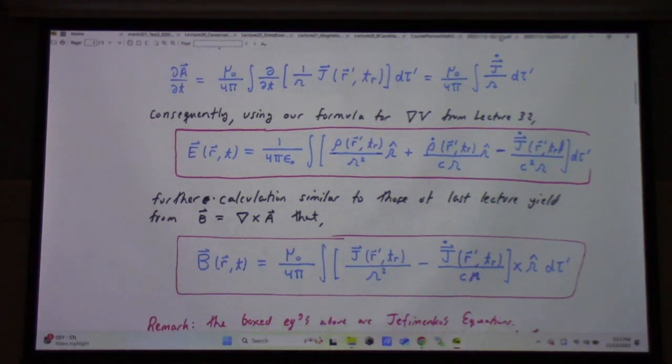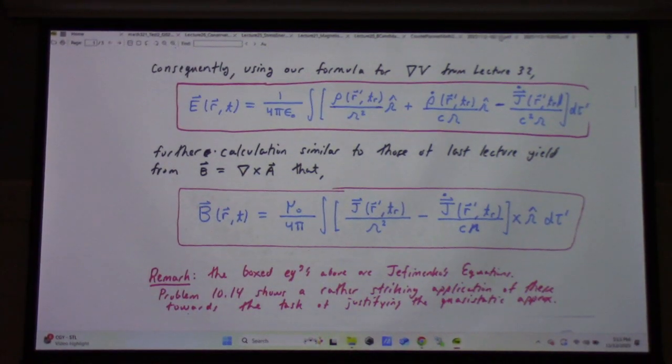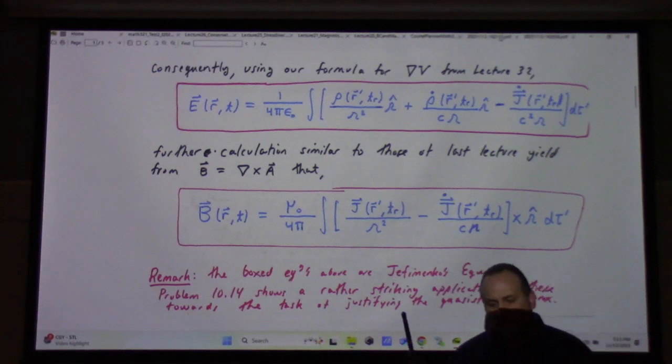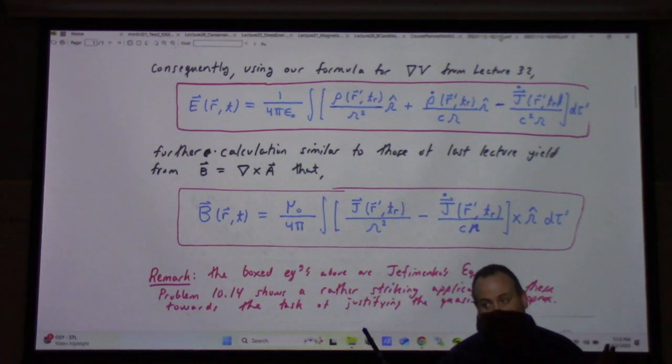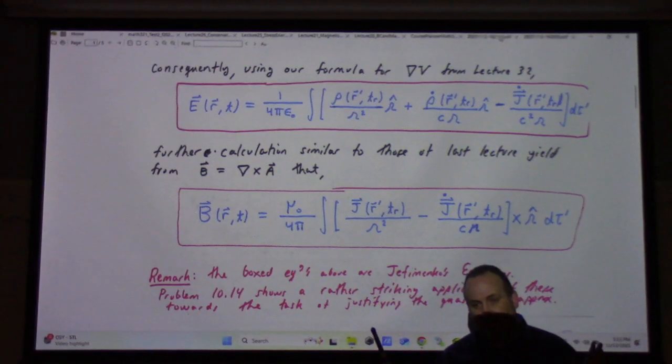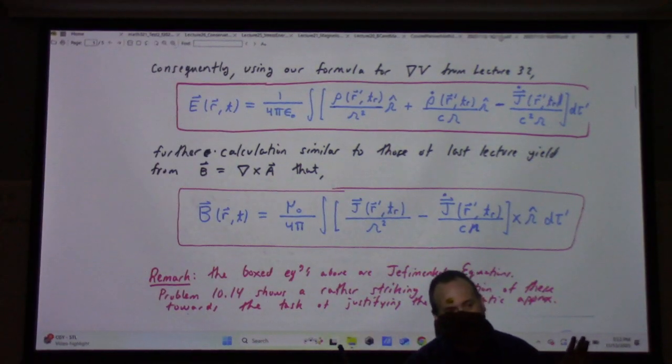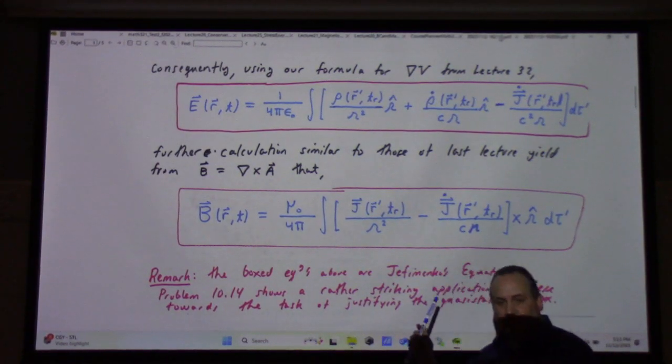There is a very interesting homework problem, which I may or may not have assigned. I really should have if I didn't. We did this thing before, the quasi-static approximation, where we pretended we had static sources even though they weren't. We can make precise the abuse of the quasi-static approximation in view of these equations.